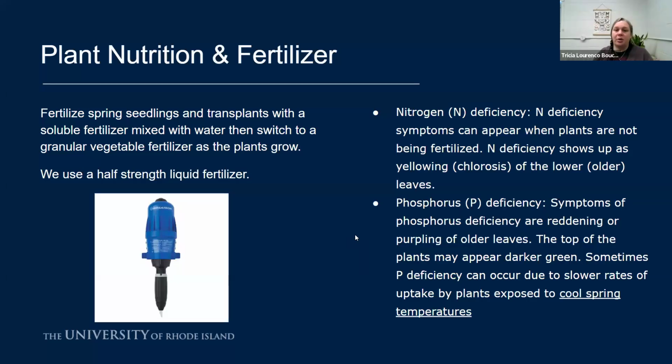And on that note, if you look up plant nutrition needs, you can find charts everywhere that will show you, if you have yellow older leaves, yellow newer leaves, or spots, you can look at a chart and see what's going on with your plants.